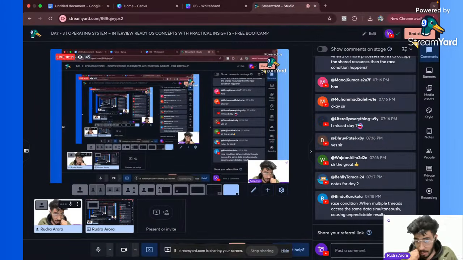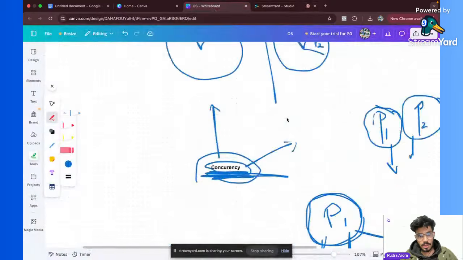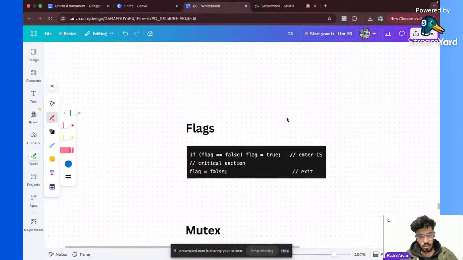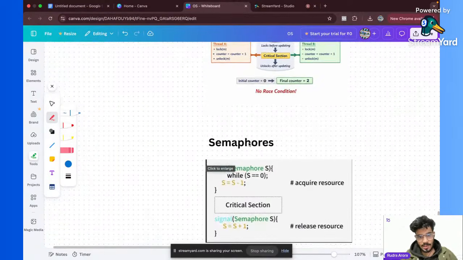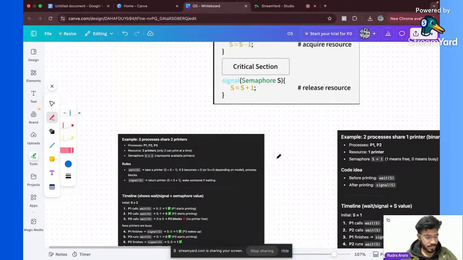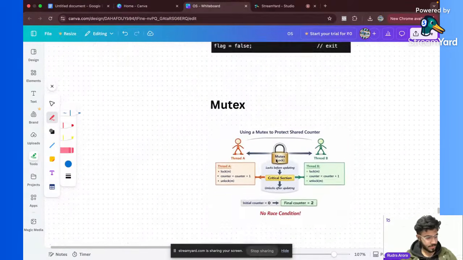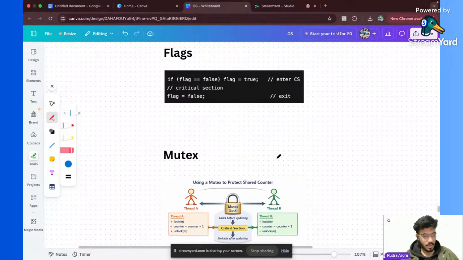Race condition: when multiple threads access the same data simultaneously causes, right. Okay, you are very correct, that is the definition. Any doubt? Because if you have any doubt in this particular case, then you will not be able to understand mutex, flags, and semaphores. If you are not clear with all those things, you will have a lot of difficulty.